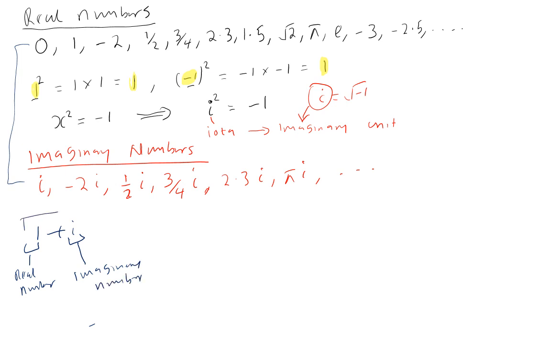And the combination of these two is called a complex number. So the combination of an imaginary and a real number is called the complex number.